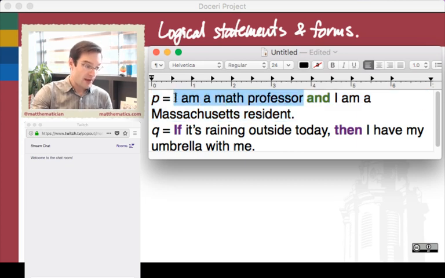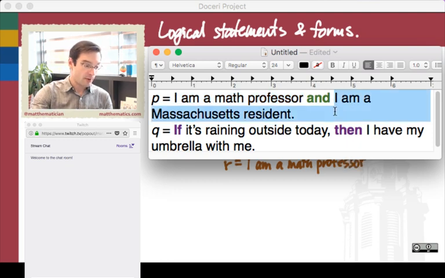One that comes before the and. I might write that as, let's call it R, the proposition, I am a math professor. And then a separate proposition, maybe we'll call it S, for the second part, I am a Massachusetts resident.